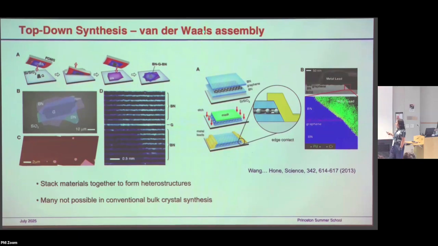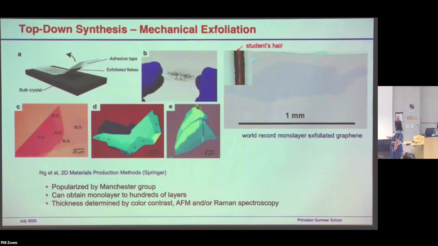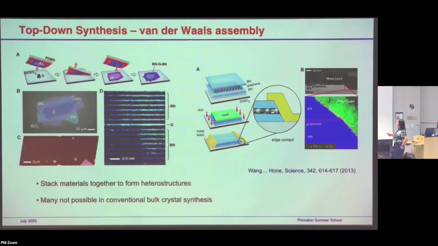Okay, so after you exfoliate and get some films, we use them to assemble van der Waals heterostructures. So this is selected materials to form heterostructures, and this is really nice because many of these heterostructures are not possible with conventional crystal synthesis.